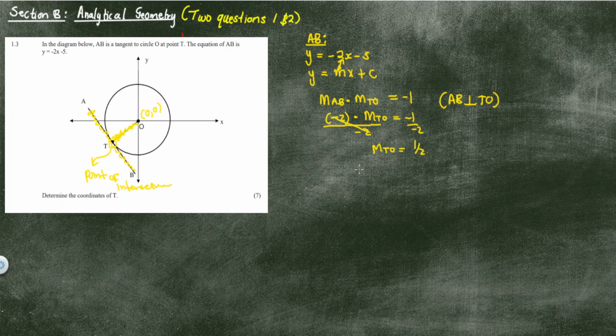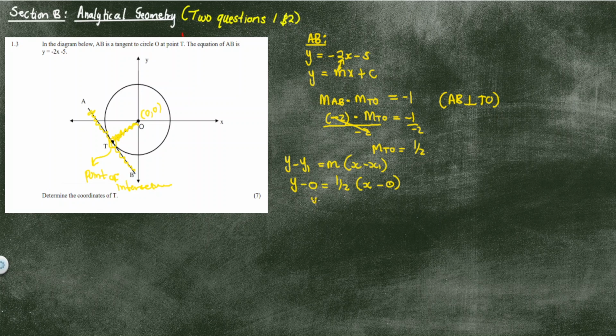Now I can use this gradient to get the equation for the line TO. So it's y minus y1 equal to m(x minus x1). Where there's y1 or x1, you substitute the point lam, that 0, 0.